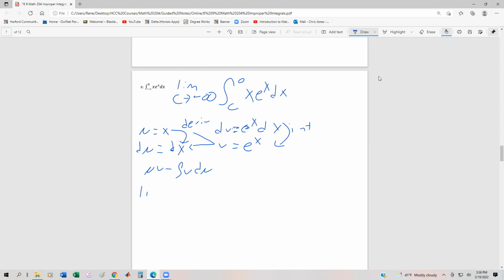So this is going to wind up being the limit as c approaches negative infinity of x e to the x, from c to 0, minus the integral of v du, which is e to the x dx.